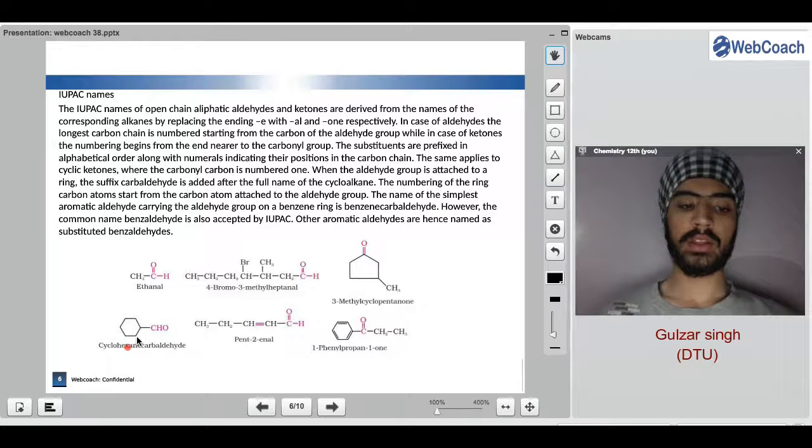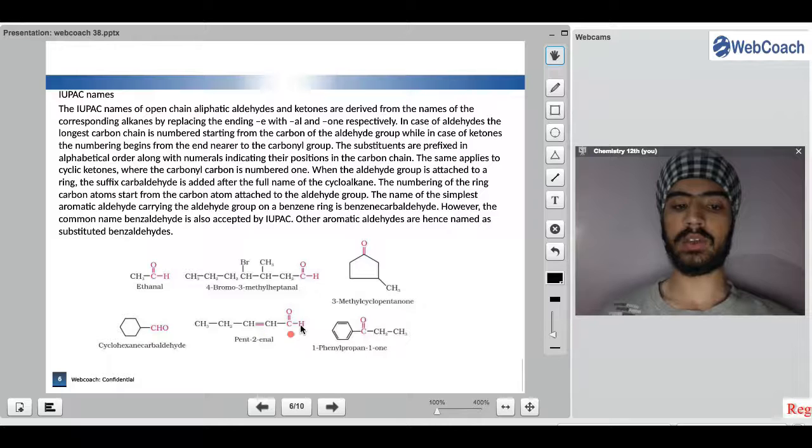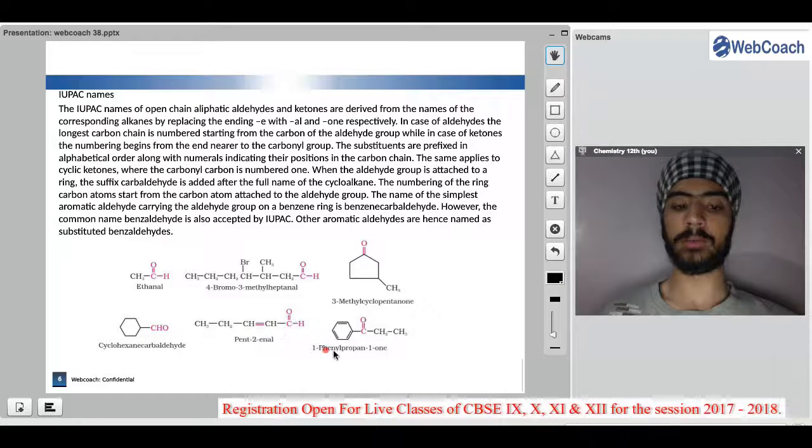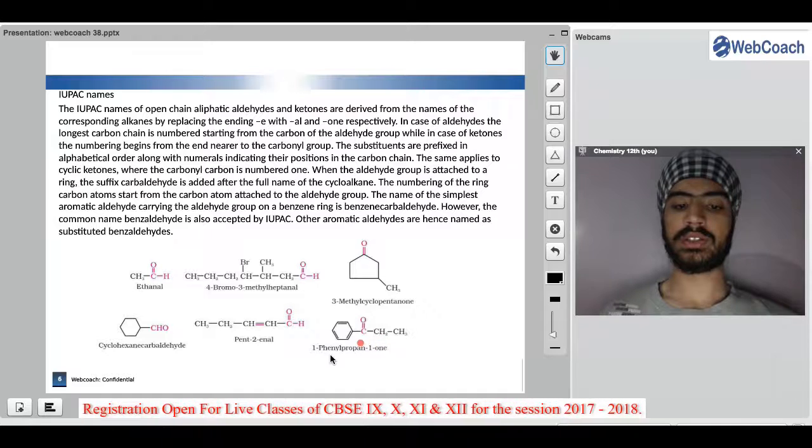the ketonic group. The next one is cyclohexane carbaldehyde. This is again simple, a cyclohexane with carbaldehyde attached to the first carbon of the cyclohexane. Next is pent-2-enal, because we have pentene here and we have the aldehyde group attached to it, 5 carbons with an alkene double bond.